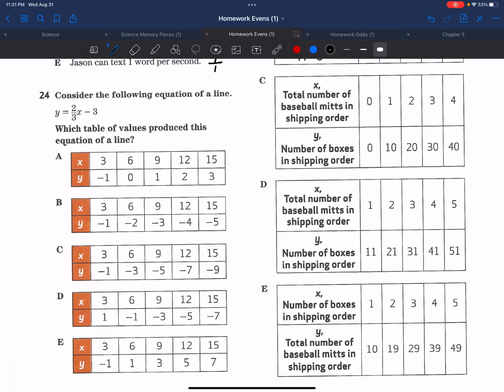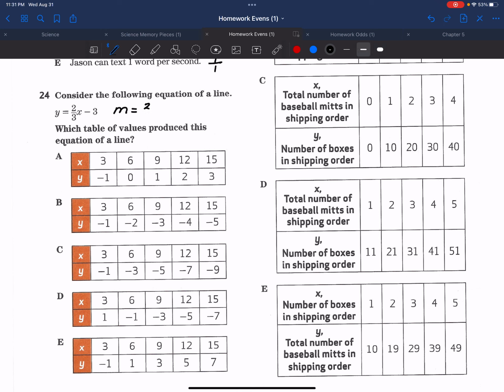Okay, how do I want to do this? Let's do it using slope. That's going to be the easiest way. The slope is clear here, and so is the y-intercept. So let's work off of those.